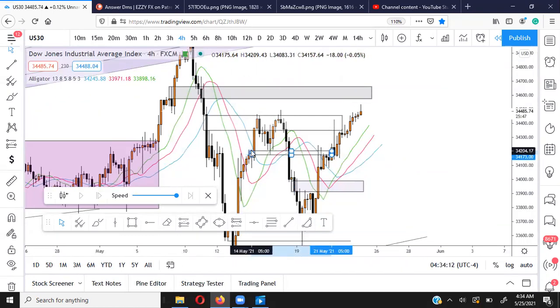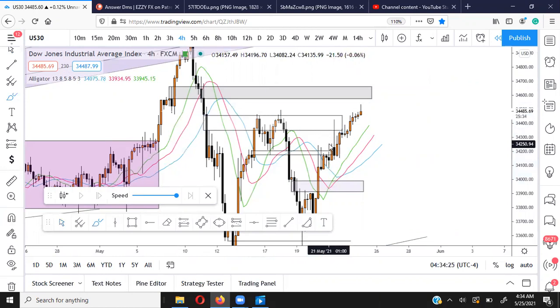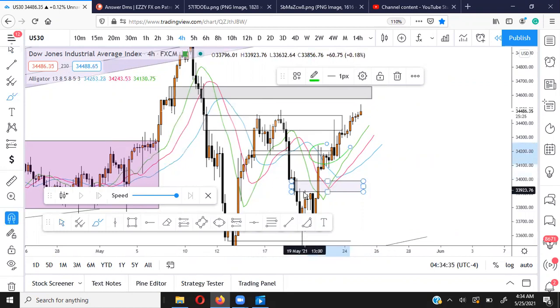The IPO is still here. Actually, that would have been the best scenario for me: the retest here and then the continuation, but that didn't happen. But to actually look for a long-term sell or a daily sell, I wouldn't go for it.